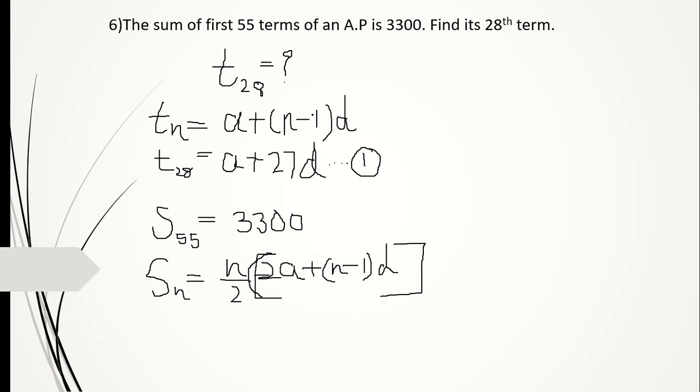Here we have 2a, and an additional term n by 2 also comes. Now S55 is 3300.